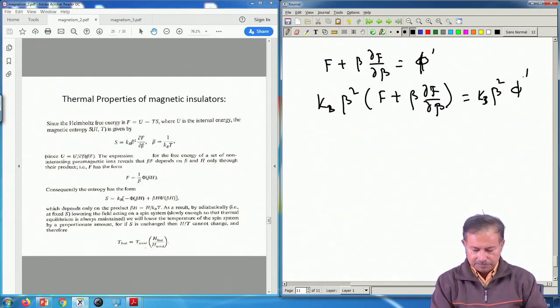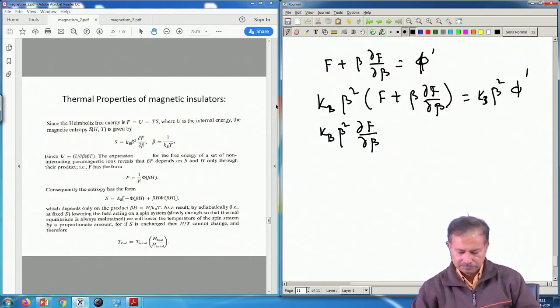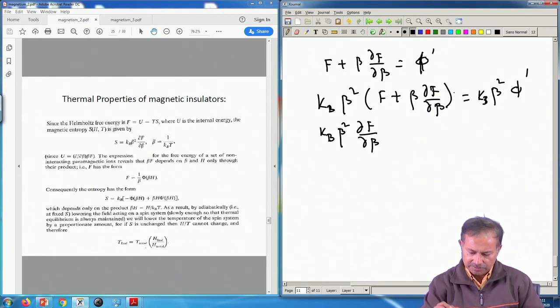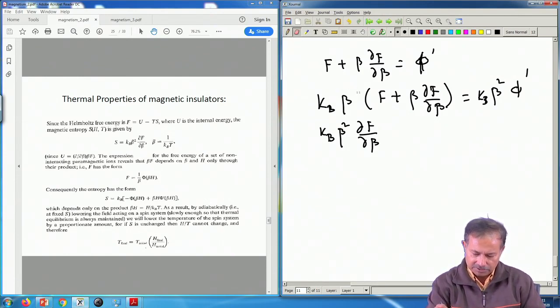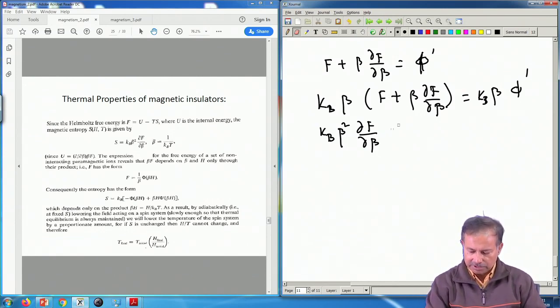From this I find out k b beta square del f del beta, and that is then equal to minus k b beta f plus k b beta phi prime.